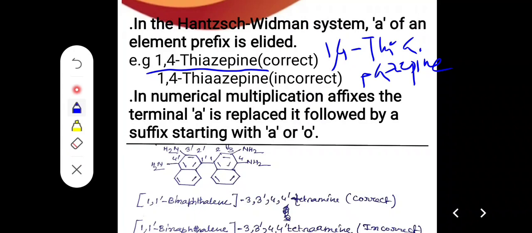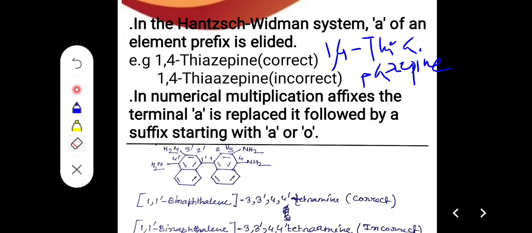1,4-thia has the last letter A, and azepine has the first letter A. Due to the combination, one A is omitted, so we get 1,4-thiazepine, thia-zepine. That is the correct approach.